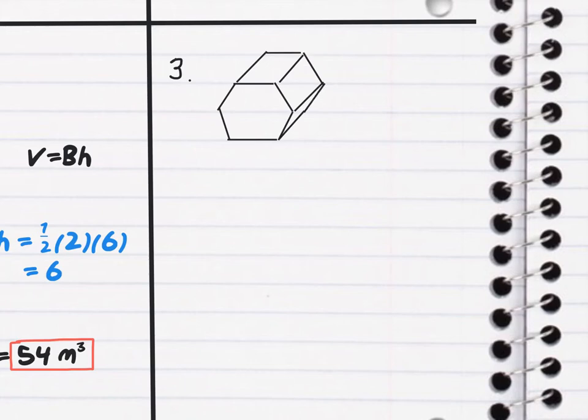It's not perfect, but that's okay. This is going to be a hexagonal prism. So this here is going to be our hexagon, which is our base, and the back base, which you can't really see, is also going to be another hexagon. Now go ahead and fill in all the details that you see on your screen.